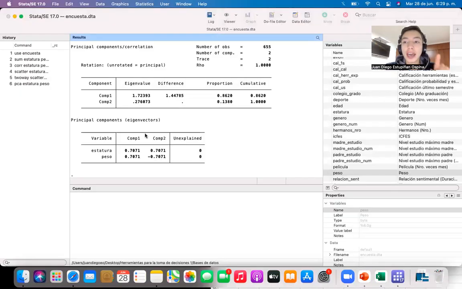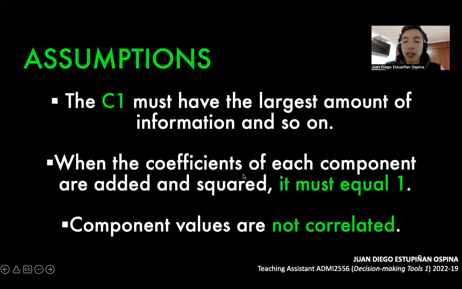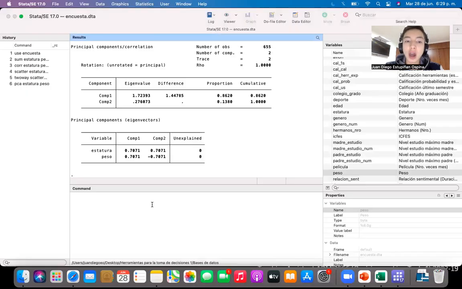Please do not get confused, eigenvectors and eigenvalues are different. And finally, component values are not correlated. To prove that our components are not correlated, we will first need to create the components as variables.